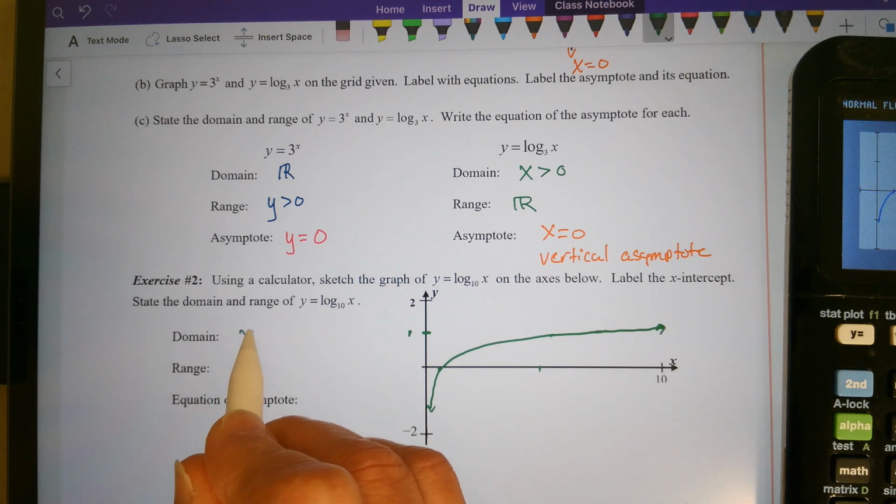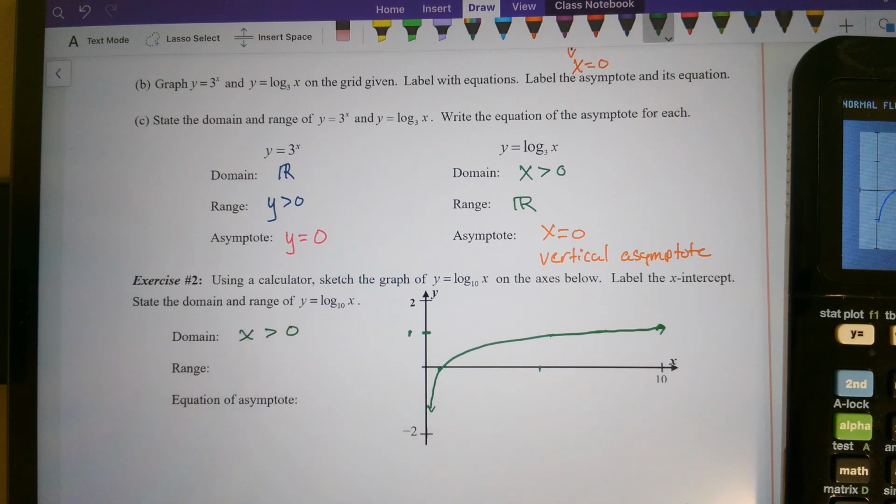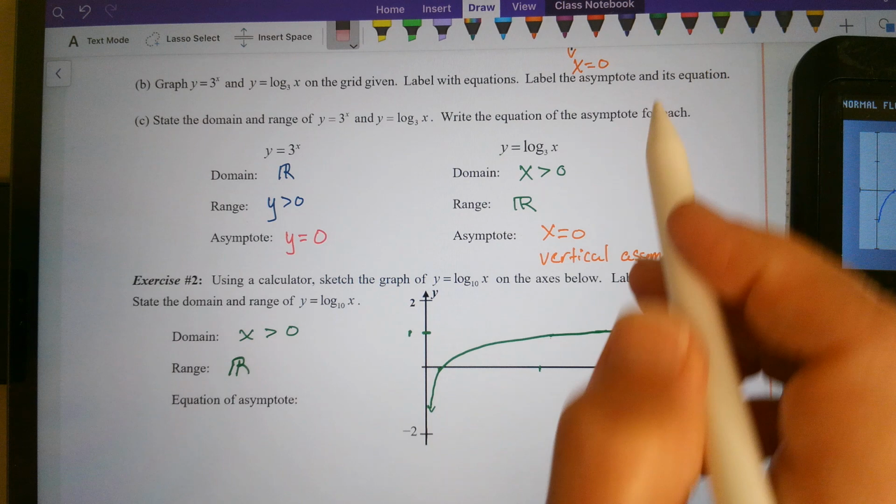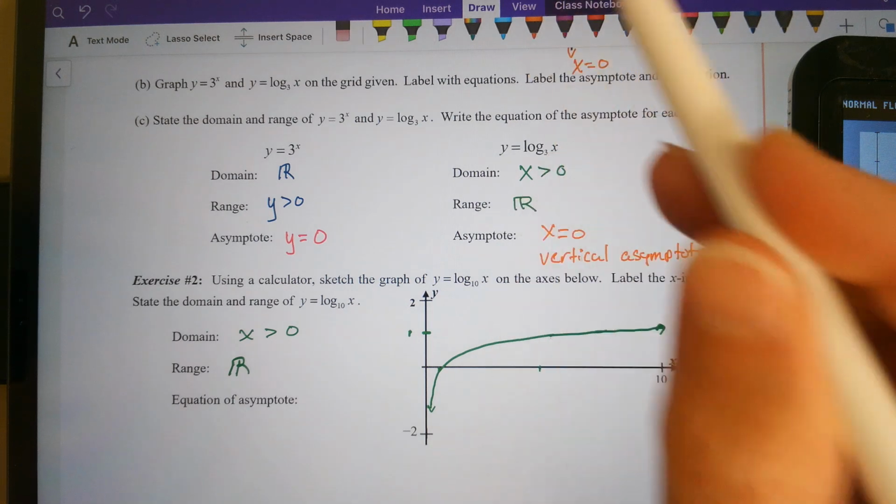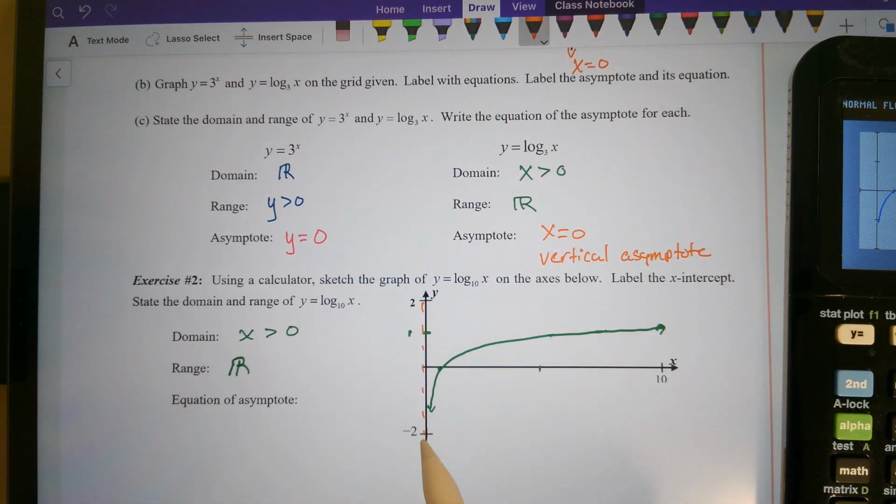Domain, all our x values are greater than 0. Our range keeps going out and upward. This keeps going downward. All real numbers. The equation of the asymptote, this is a vertical asymptote. X equals 0.